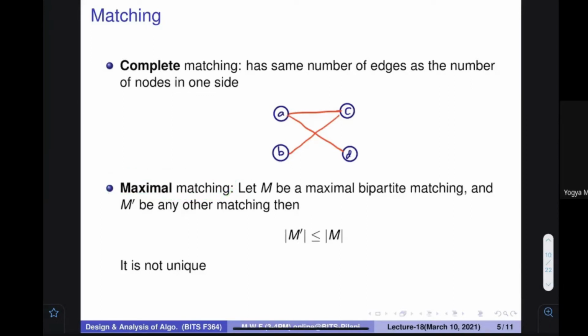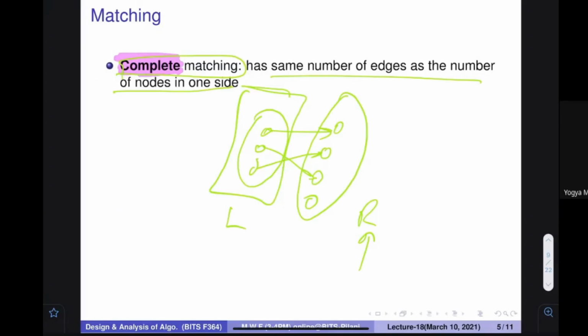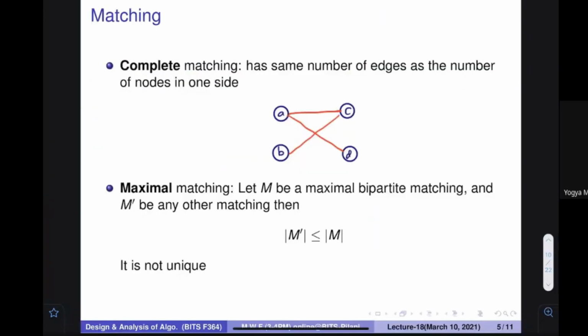It is defined in such a way that if M is the maximal matching, then any other matching you come up with is going to have fewer edges in its set. It is very important to note that it is not unique, because in our example, if you can come up with size two, you can come up with a different set that also has size two.